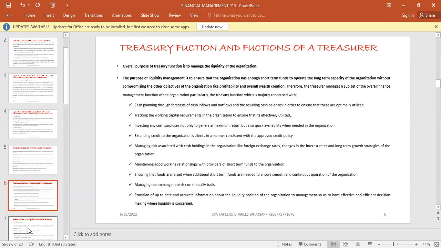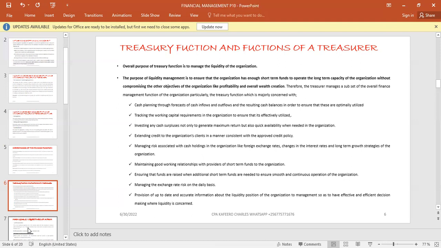So the role of this treasury function, or the treasurer, is to make sure that the cash is there, and to make sure we handle that cash in a very appropriate way, so that we'll be able to look at how these operations are going to be done.